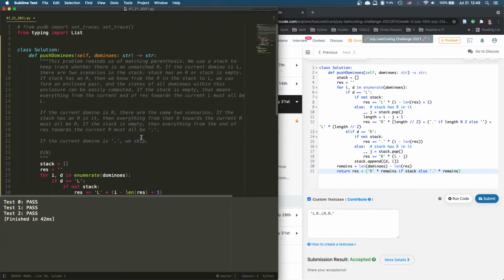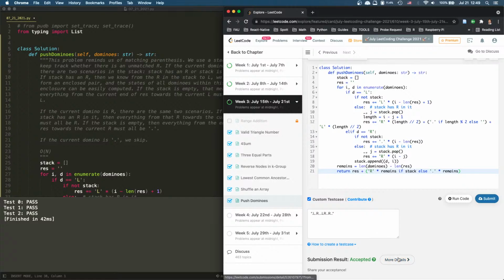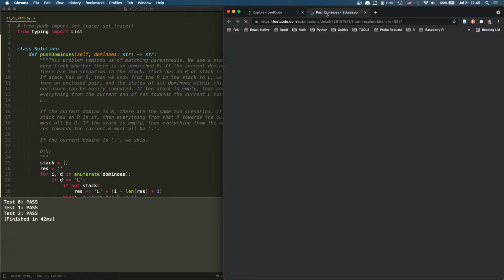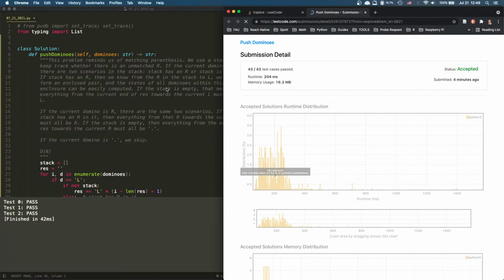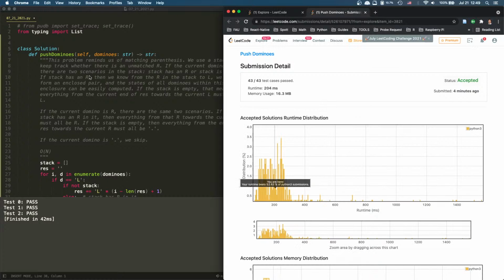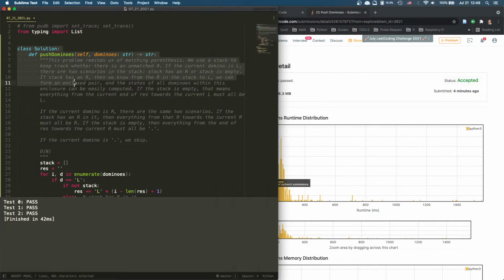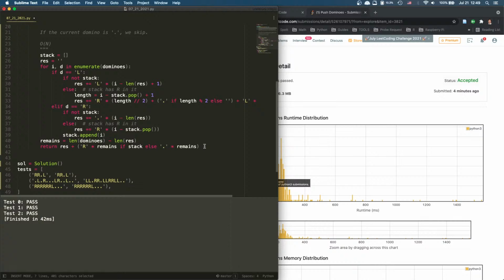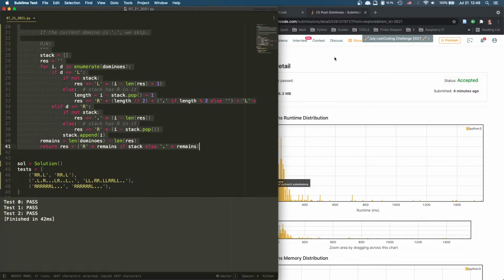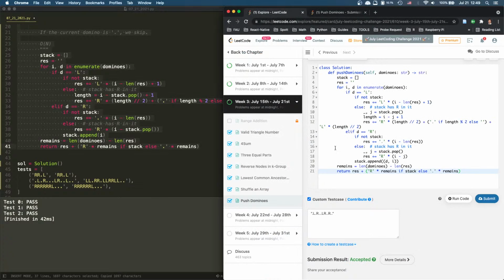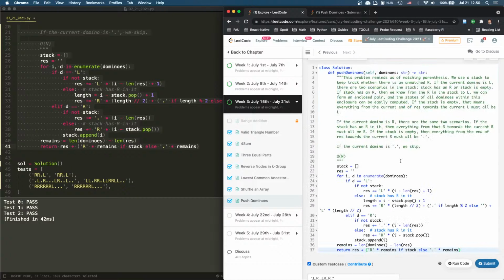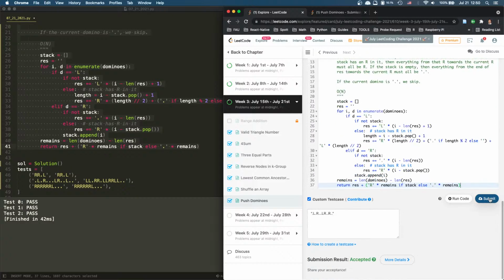Alright, let's take a look at the runtime on this. 204. Actually, I'm going to try this one again. It might be slightly faster. Instead of pushing a tuple, in this one we're pushing a single value. Okay, pass.